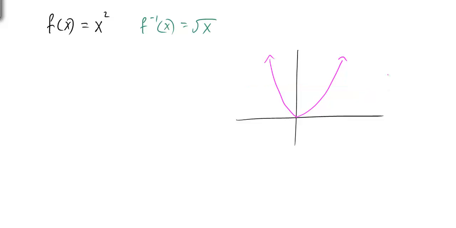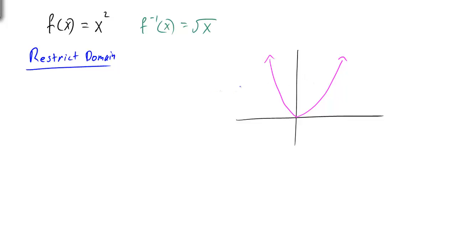Is there anything we can do so that this would pass the horizontal line test? Could we restrict the domain? In other words, if I limit the values that x could take on, would our function then be one-to-one?